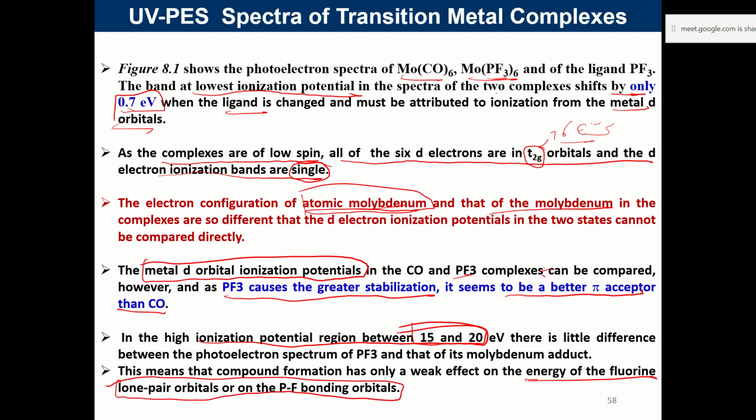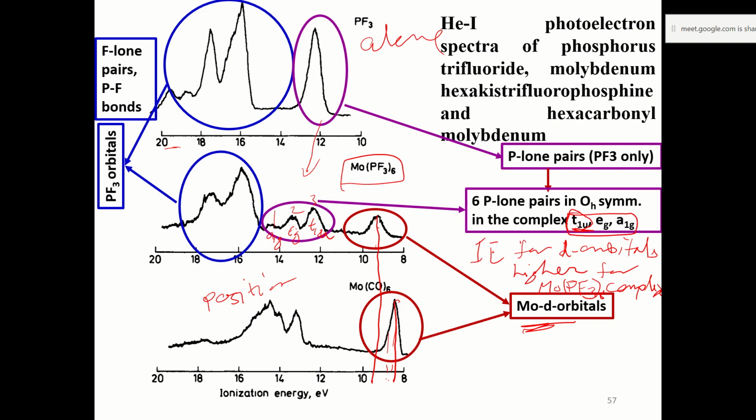Okay, the phosphorus lone pairs are directly involved in the bonding, and their potential you can see is changing. So जो involved है उसका change हो गया है. Amongst the ligand orbitals, the ones directly involved in bonding clearly show a changed ionization potential.